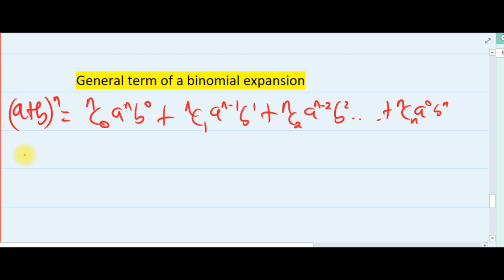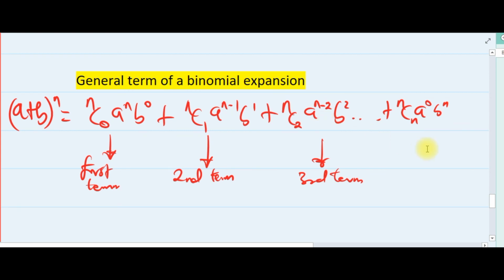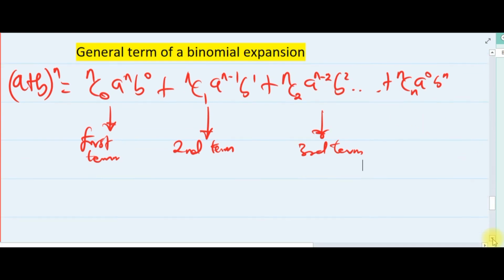We now observe something. This is the first term. This is the second term. That's our third term. So let's leave the others. We can get something from this.